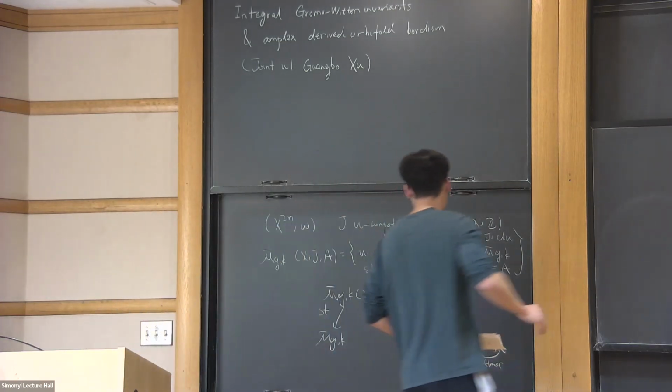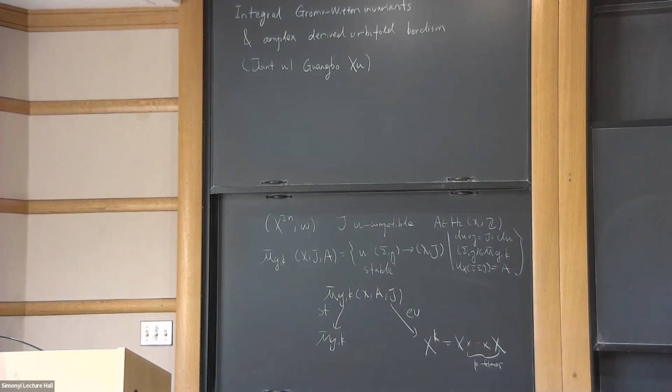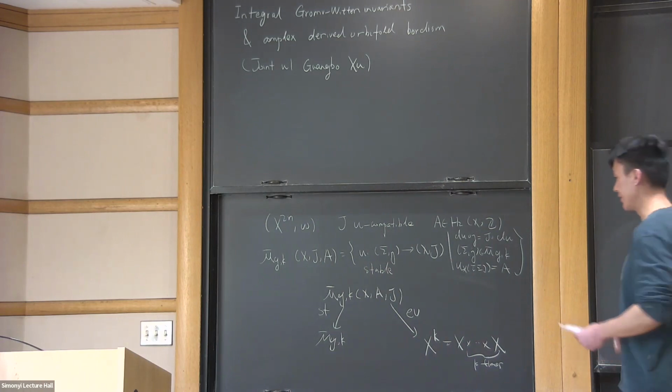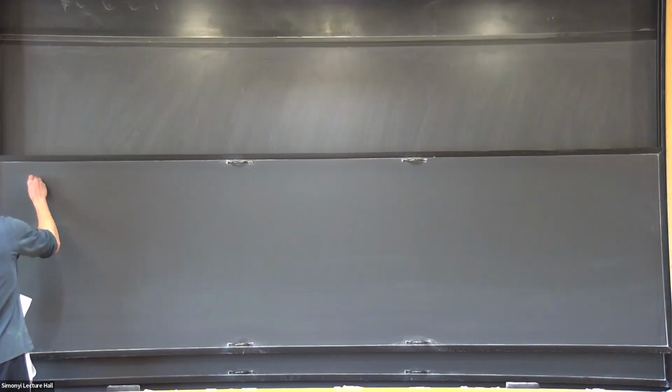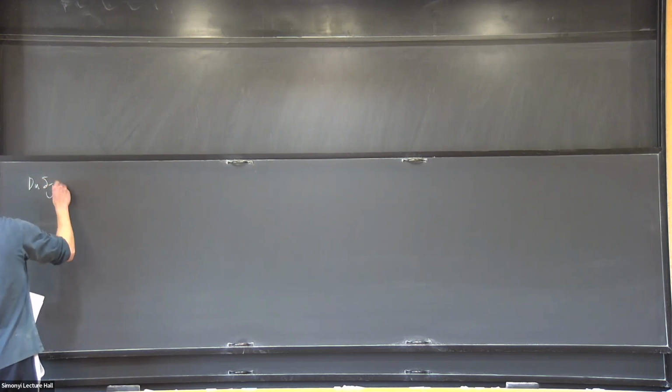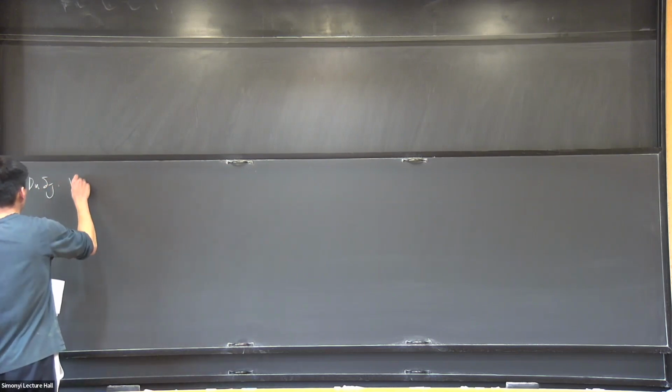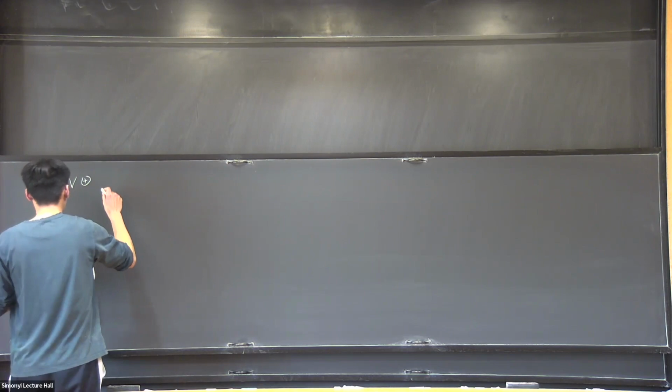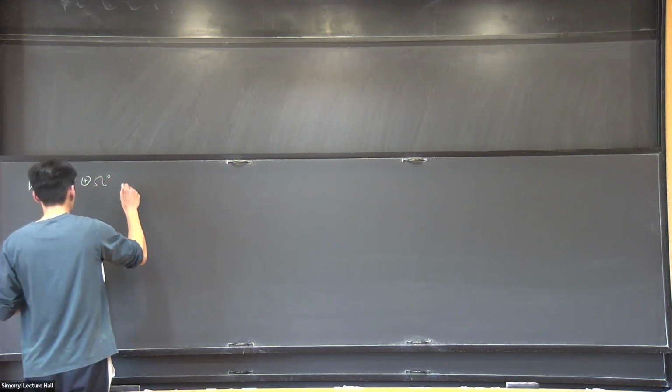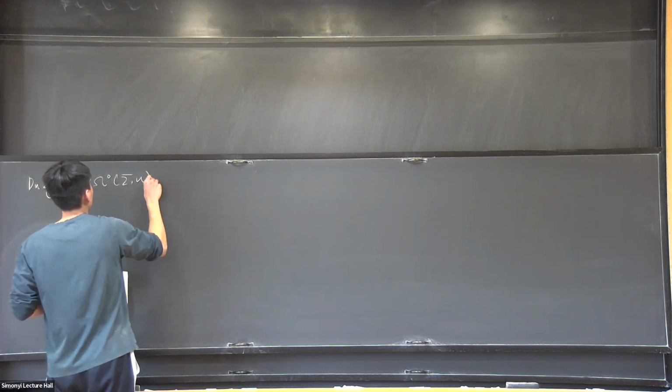I think it should be familiar to most people in the audience. We want to study these spaces, and there is a well-structured tangent-obstruction theory, which characterizes how these objects deform locally.